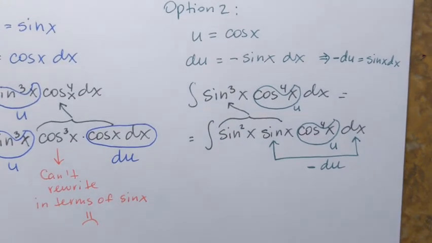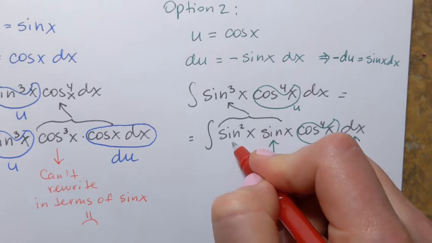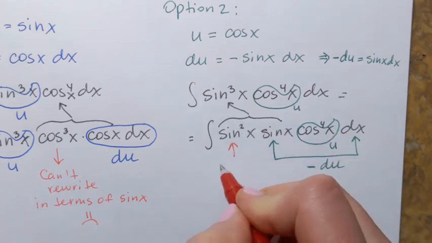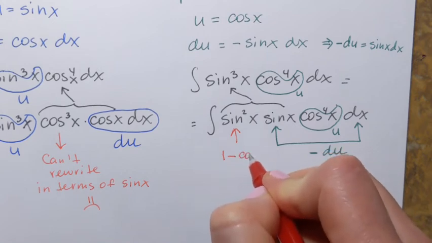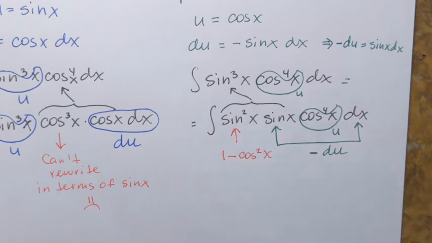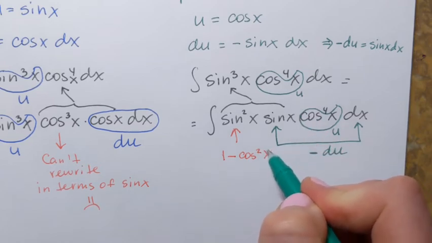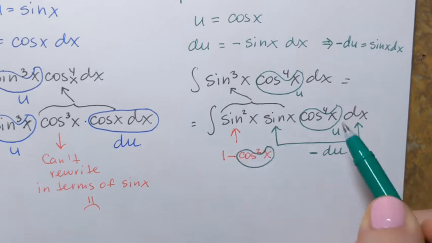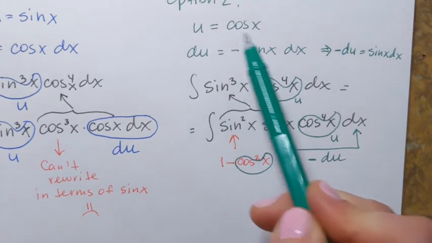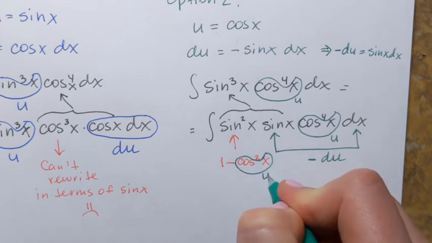So that is the same thing as 1 minus cosine squared of x, right? And because it's now written in terms of cosine, I will be able to replace this cosine with u from my substitution right here.